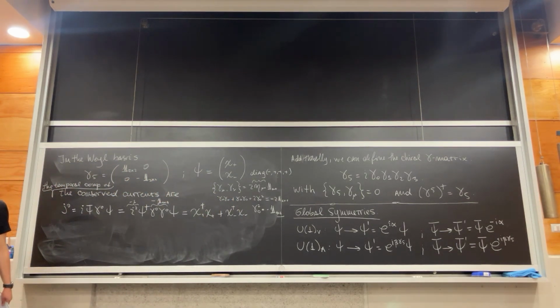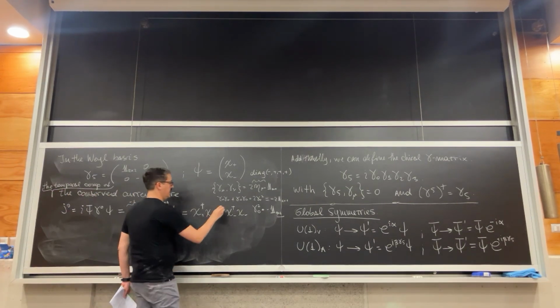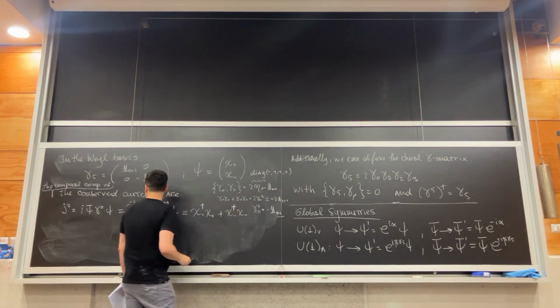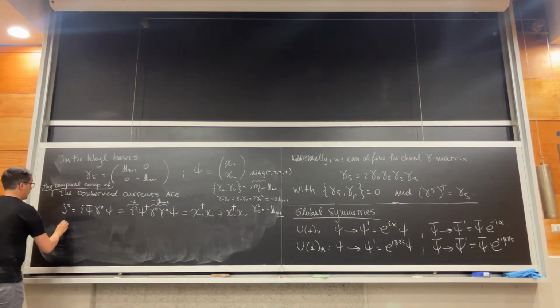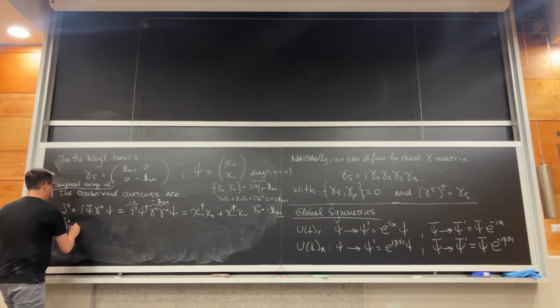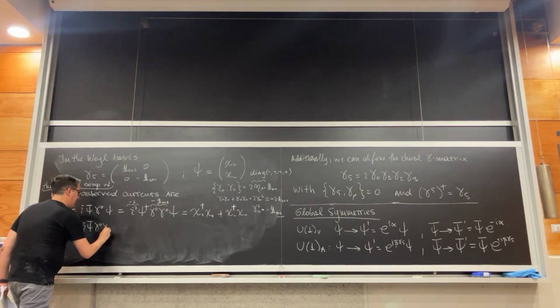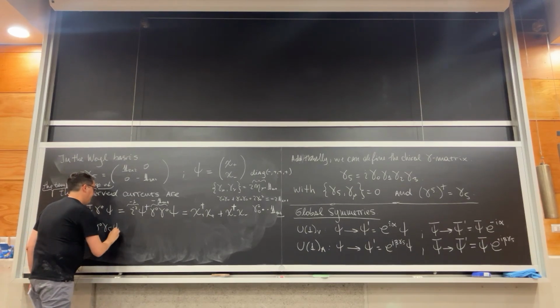Okay? This is chi, actually, not psi. And this is a dagger. Okay, what about the other one? So if we compute the temporal components for the axial current, we will have i ψ̄ γ^0 γ^5 ψ.